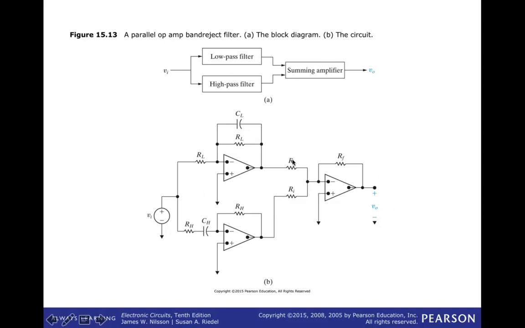And notice that the two input resistors into the summer are equal, meaning that the RF over RI gain of this last stage is going to be the same for both the low pass and the high pass. And that's important because on your band reject filter, you want your low frequency gain and your high frequency gain to be the same.